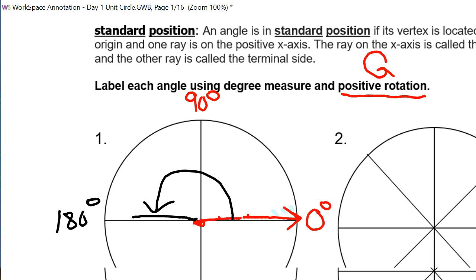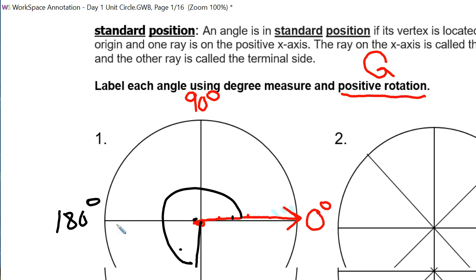And for the next one, the initial side is staying on the positive x-axis. So what if the terminal side is over here? How many degrees would that be? 270 degrees.